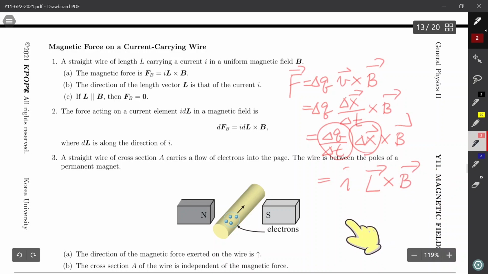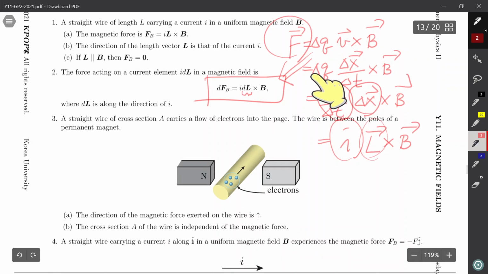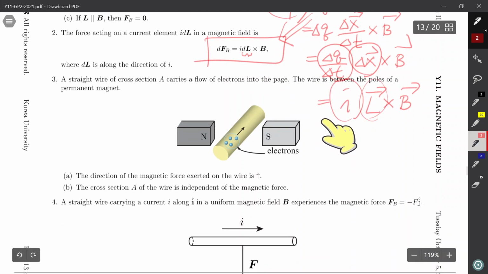A wire of length L carrying current I feels the force: Q V cross B is rewritten in the form current times the differential length element vector cross the magnetic field, that is the magnetic force.